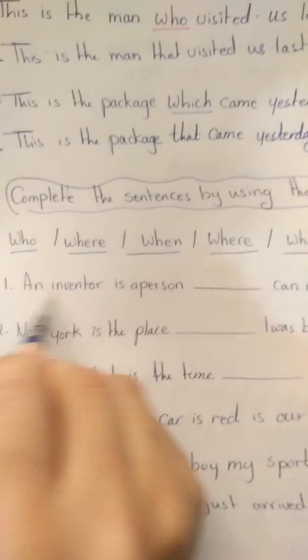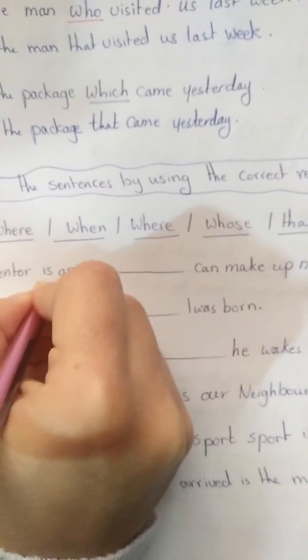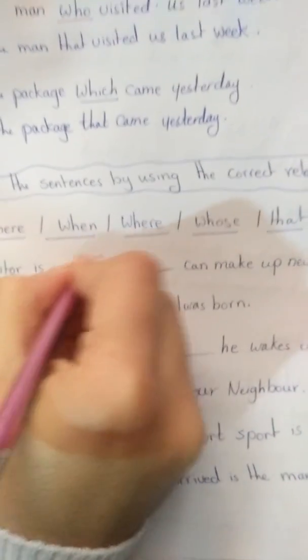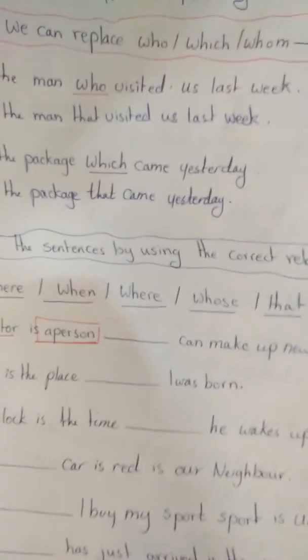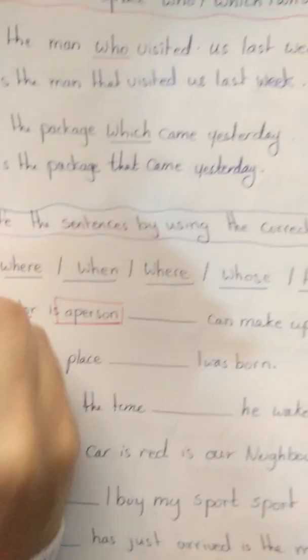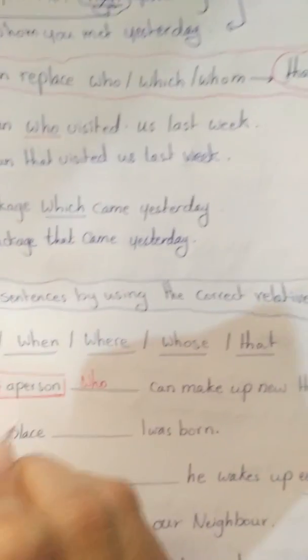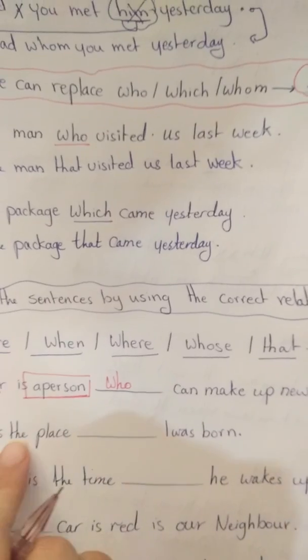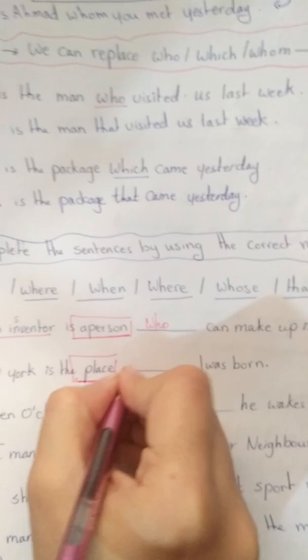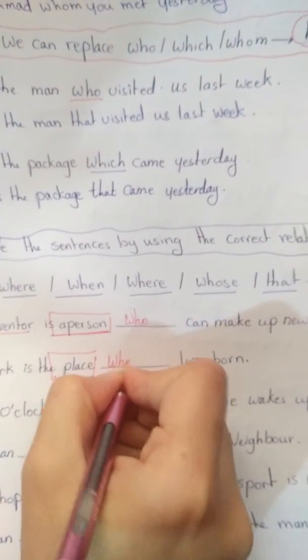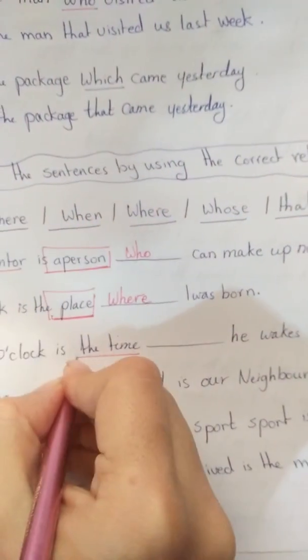Now, the first one: an inventor is a person. The person comes as a subject, so the correct relative clause is who. Now, New York is the place. Because it's a place, we will use where. 7 o'clock is the time.